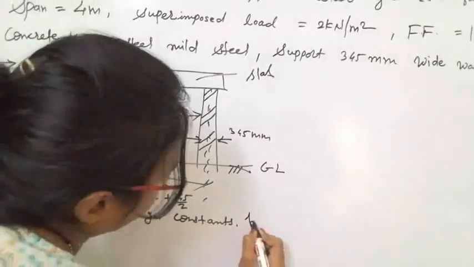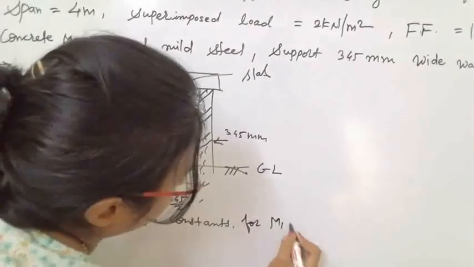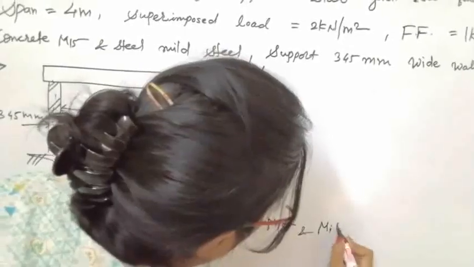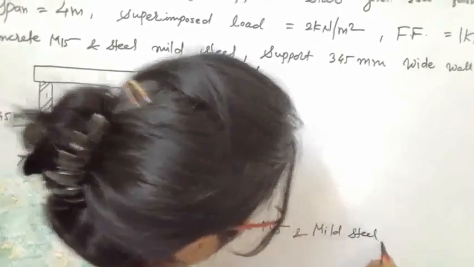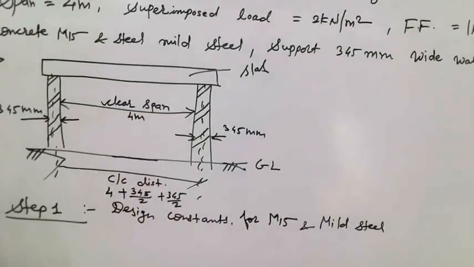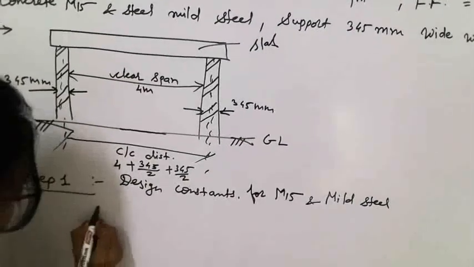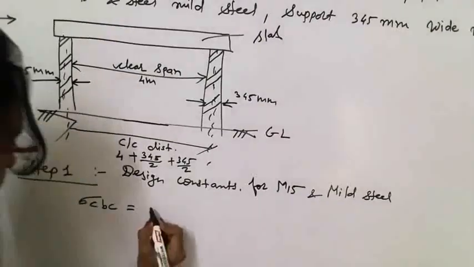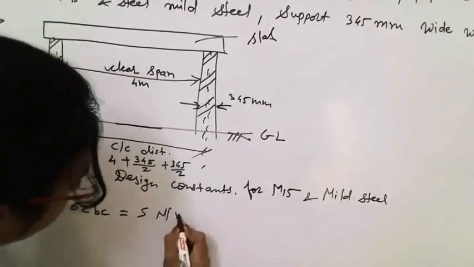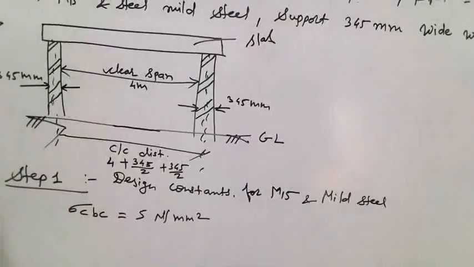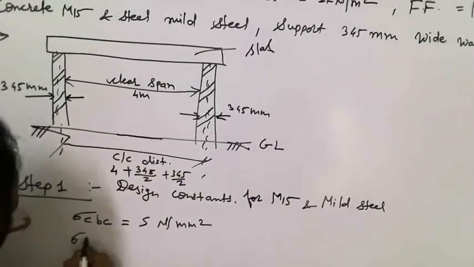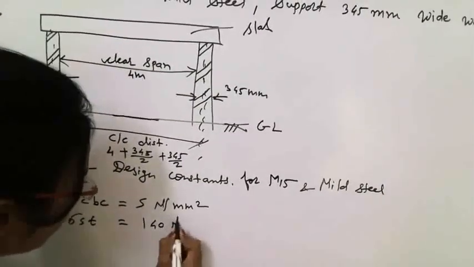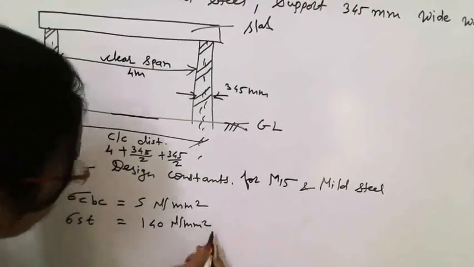For M15 grade of concrete and mild steel grade of steel, as we had already seen, sigma CBC is 5 Newton per mm square and sigma ST is 140 Newton per mm square.